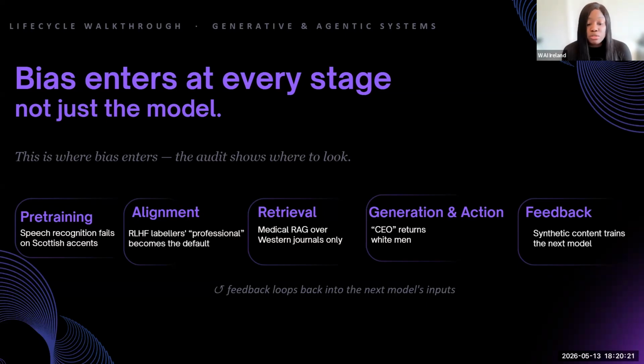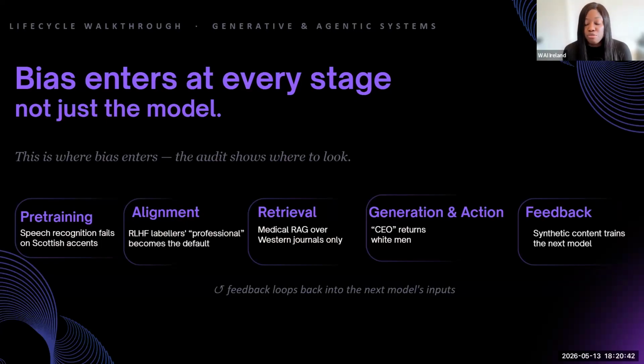Microsoft and even IBM have also open sourced a couple of frameworks. Microsoft's, I think, is called Fairlearn. It's a toolkit for measuring disparity among groups, but that one is particularly for predictive systems.